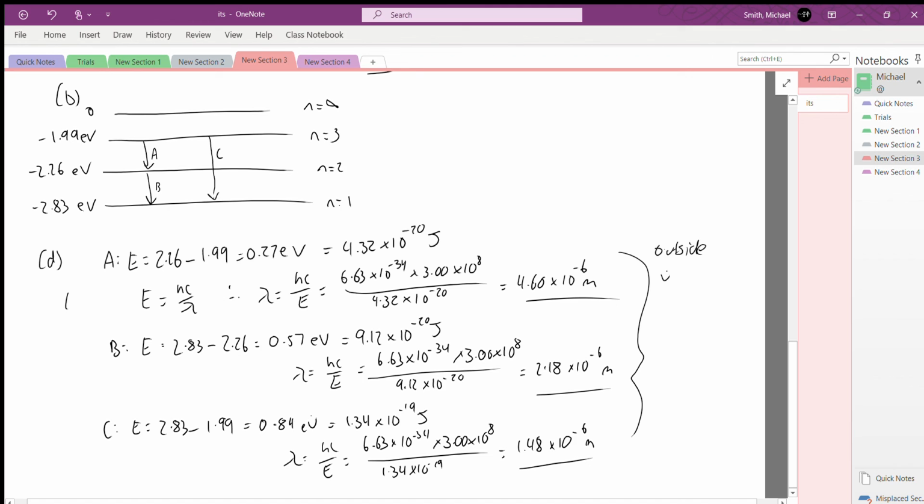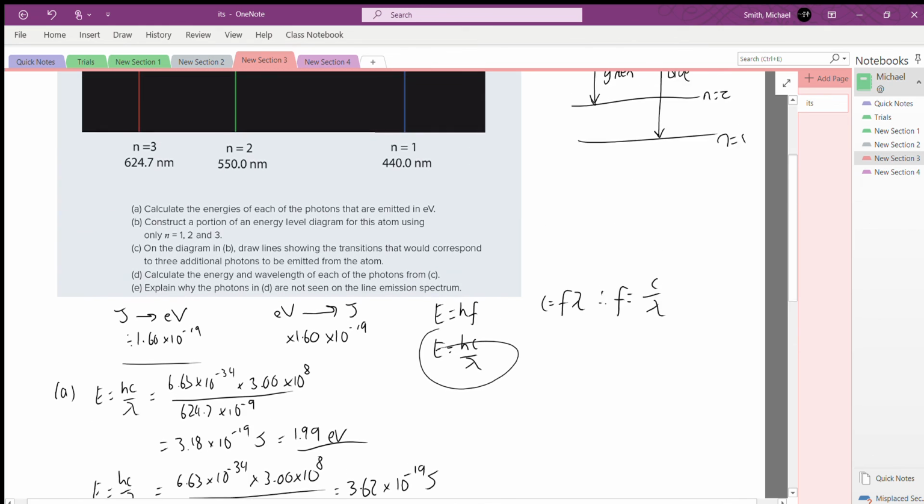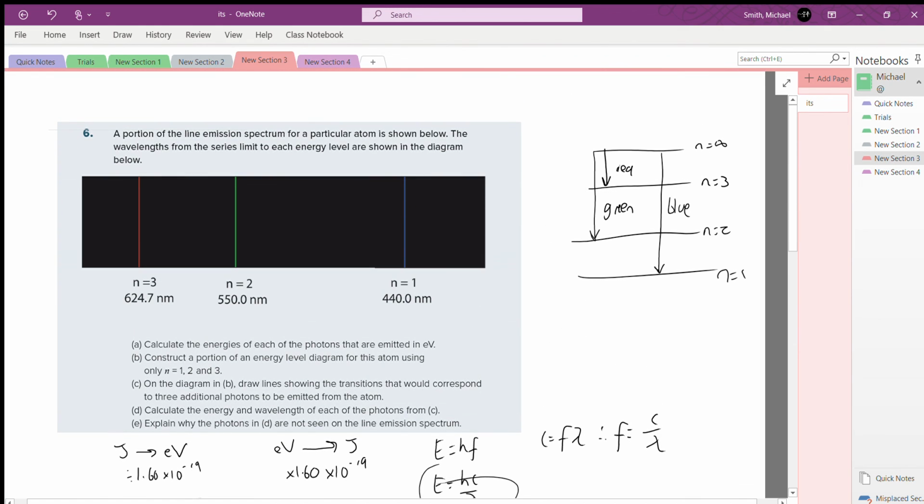So they have a very high wavelength, which corresponds to a very low frequency. So all of these are actually in the IR region of the spectrum, the infrared region, not the visible region. That's why we don't see these in the line emission spectrum in the question.